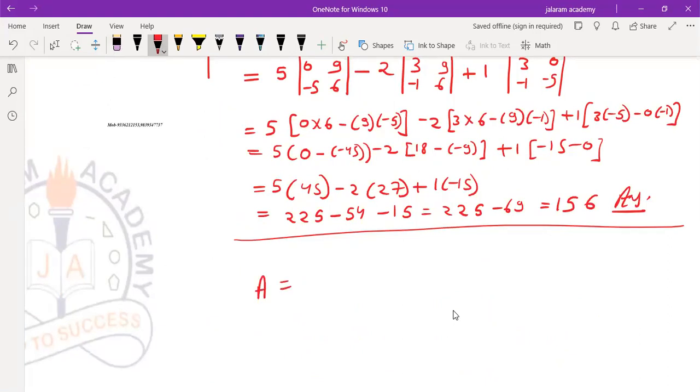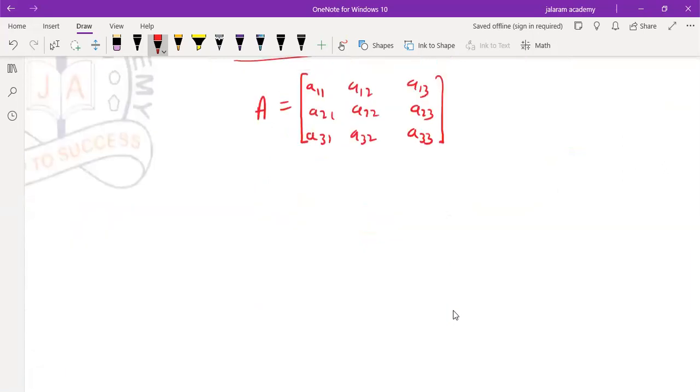Let's write it once again. A11, A12, A13, A21, A22, A23, A31, A32, and A33. If we use any column or any row, it will give the same result. Means what? If we find the determinant of A using the second column only, remember 1 plus 2 is 3.